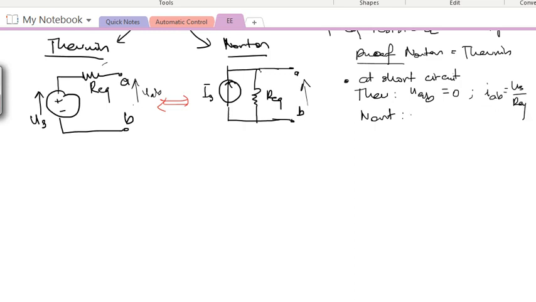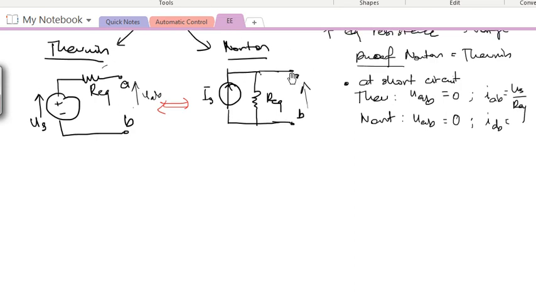Let's see for Norton. What is UAB when it is short circuit? When it is short circuit, UAB is the same point. So again, it means UAB equals 0. And what happens to IAB when it is short circuit? It is now short circuit, which means there is a conductor here that is connected.